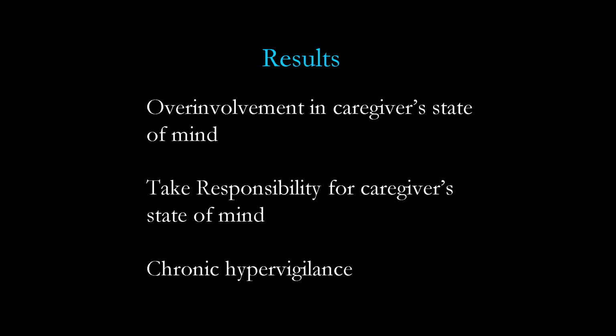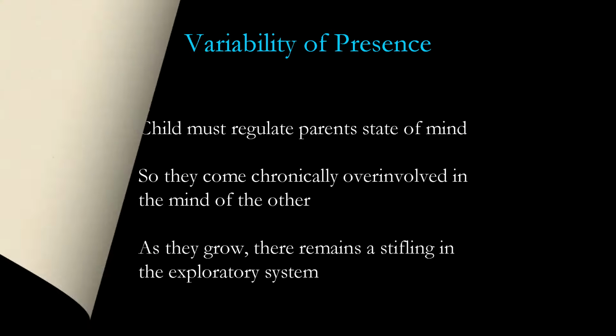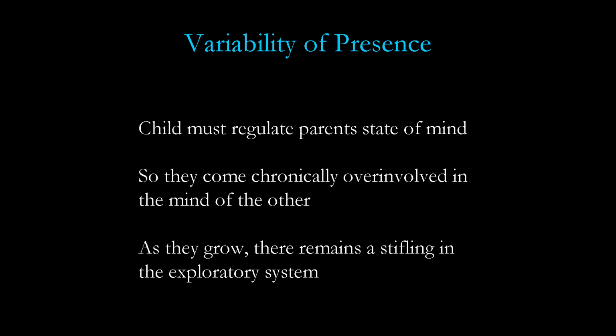The child relies on and needs the parent to meet its needs, and the parent relies on and needs the child to meet their needs. The child is expected to regulate the parent's state of mind and thus becomes chronically hypervigilant to the state of mind of others. And you can see how that's possible.